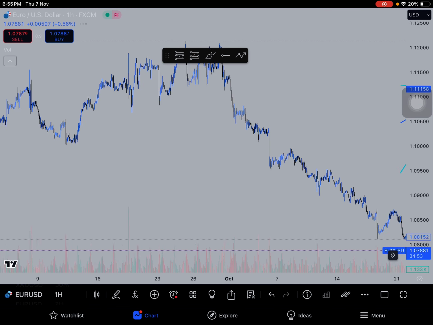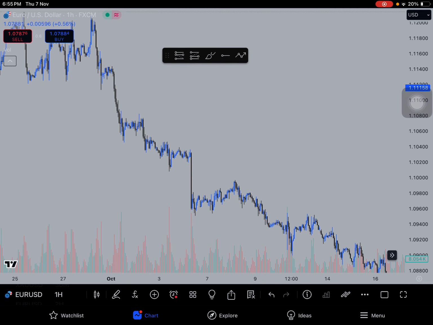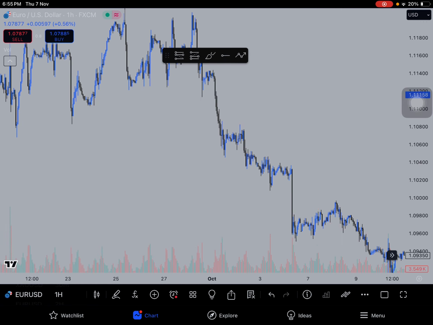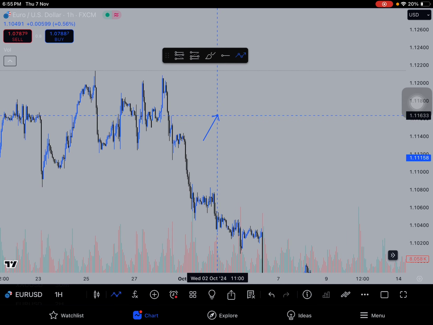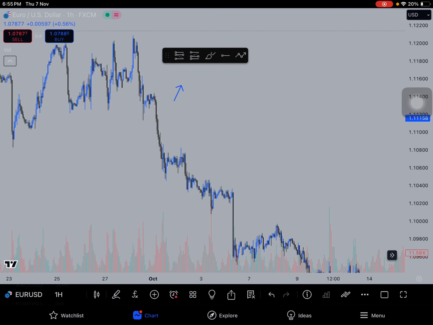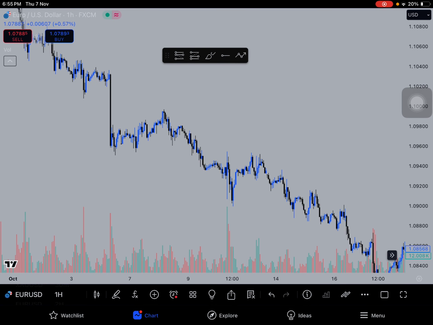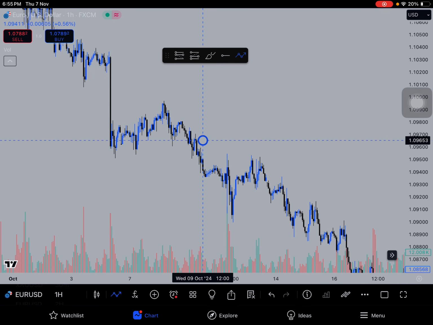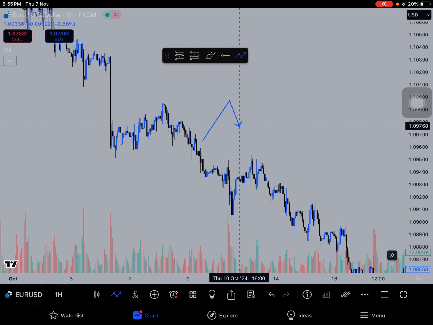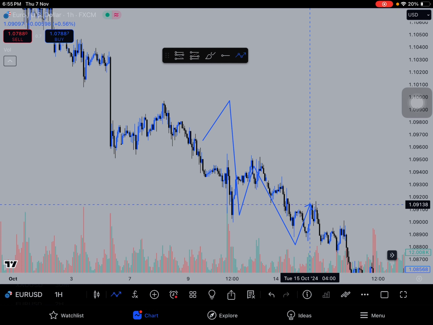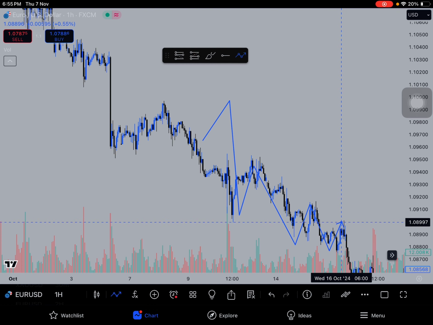So let me demonstrate here. So what happened here is, let me explain. Price created a high and a low, and a higher low.